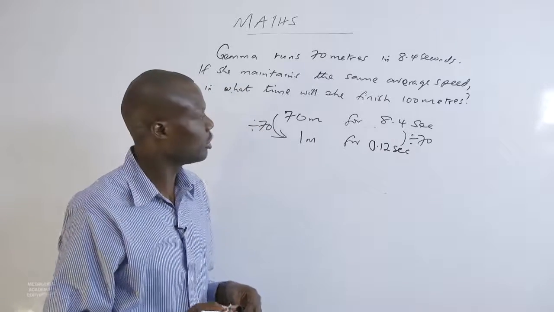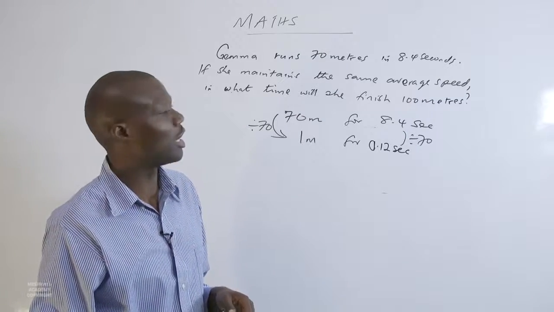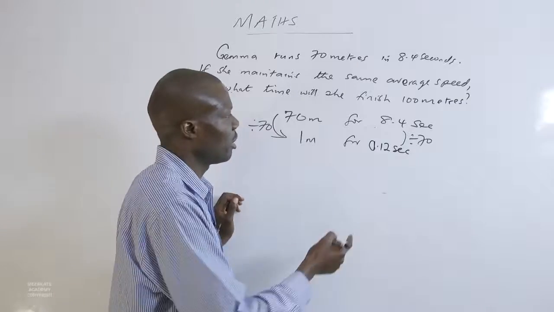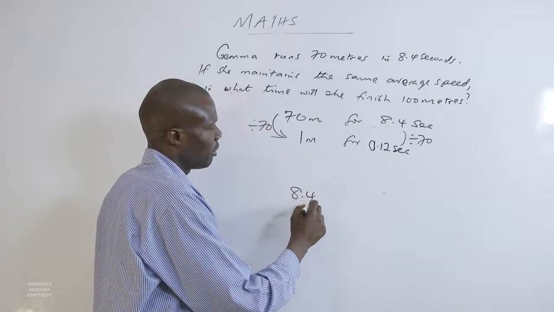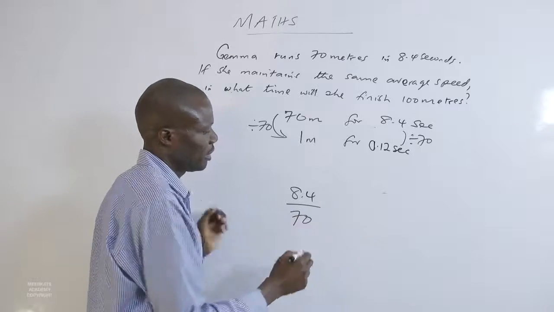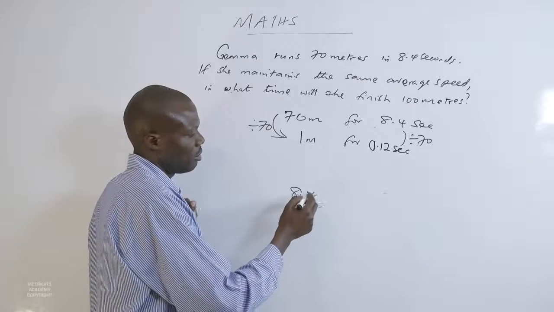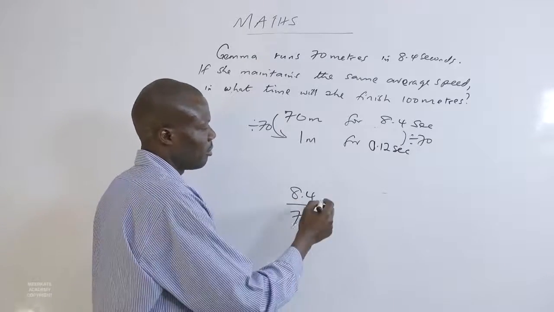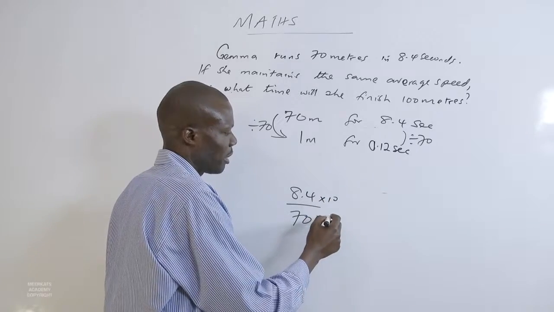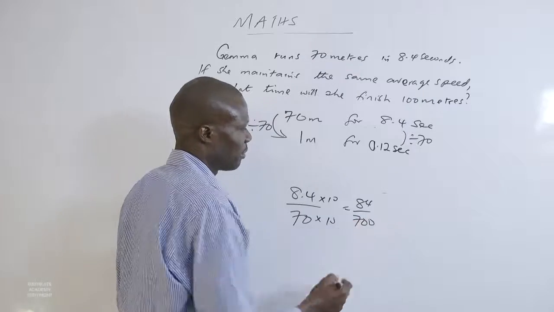If you choose to use a different method, maybe I want to show how to divide that. If you took 8.4 divided by 70, we need to remove the decimal part here, multiply here by 10, multiply here by 10, you get 84/700.